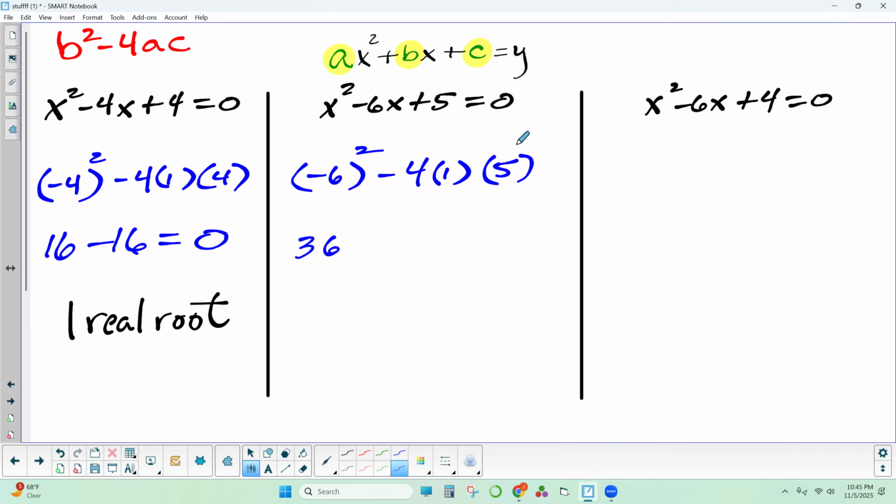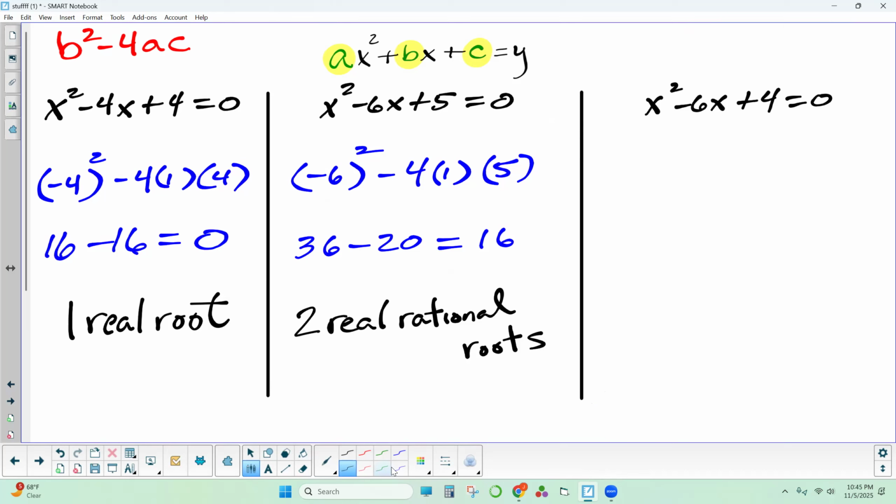And then we're going to multiply 5 times 1, which is 5, and 5 times -4, which is -20. 36 minus 20 equals 16. 16 is positive, so that means we have two real roots. Two real roots. Now, is it rational or irrational? Are my two roots rational or irrational? Well, this is a perfect square, right? So since it's a perfect square, we have two real rational roots.